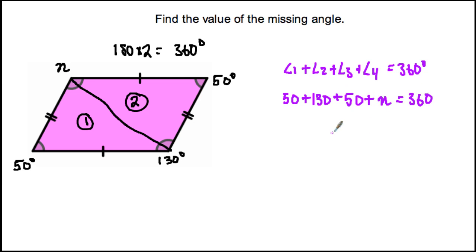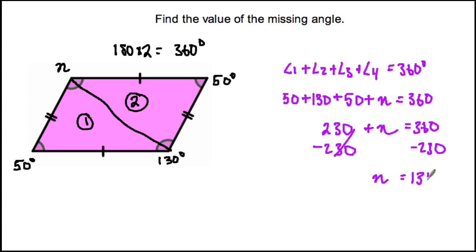I'll do some combining of like terms. 230 plus n equals 360. And we'll subtract 230 from both sides. And we get n equals 130. So we can write that in there. n is 130 degrees. And you'll notice that that's the same as the other angle that was down here. I'll let you think about why that might be the case.